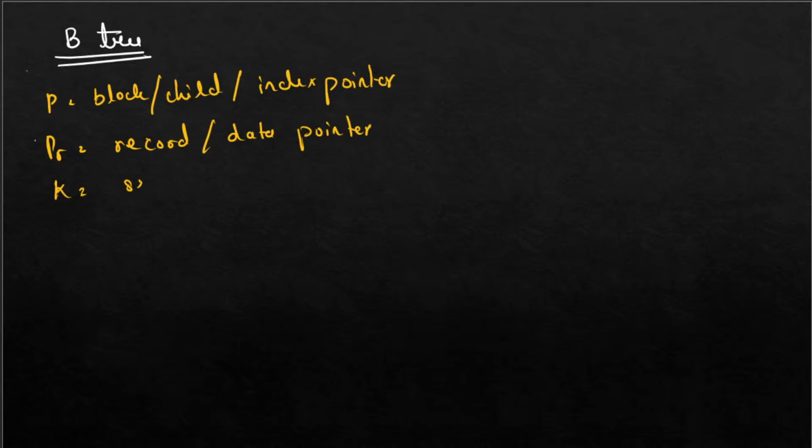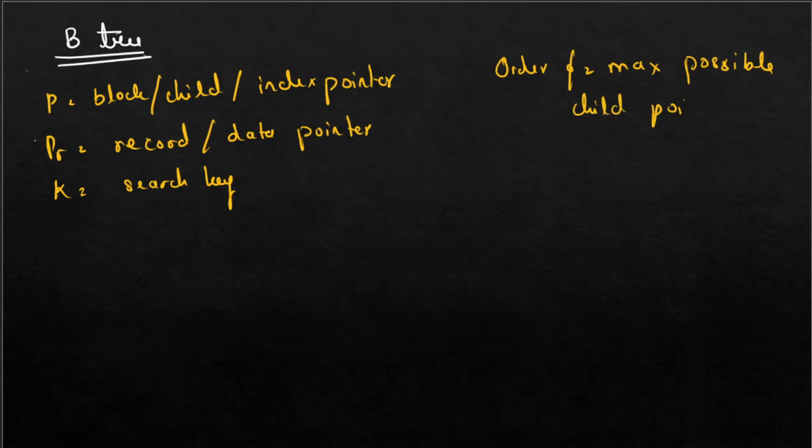This K is search key. And this is order, okay, where order is the max possible child pointers that can be stored in a node.